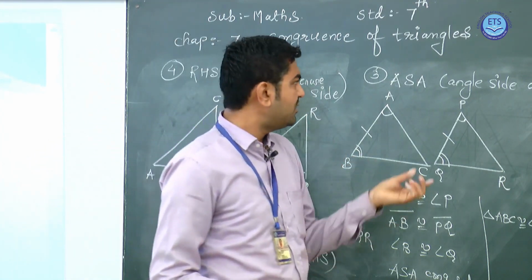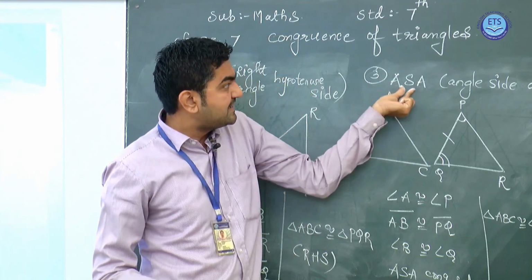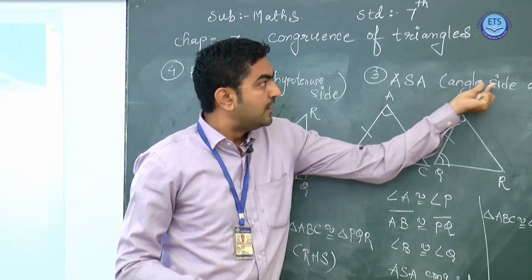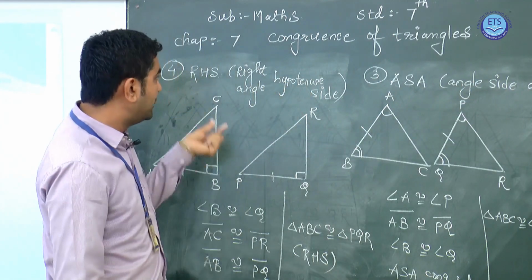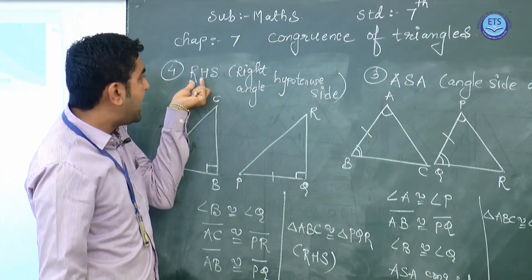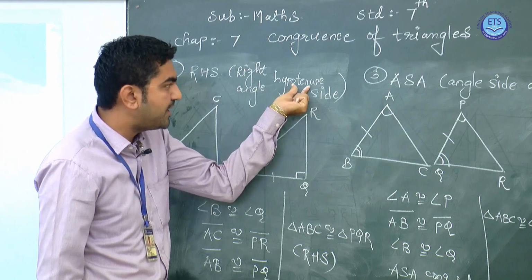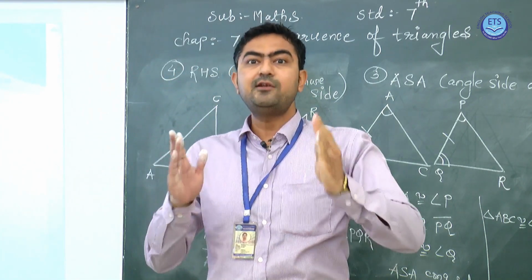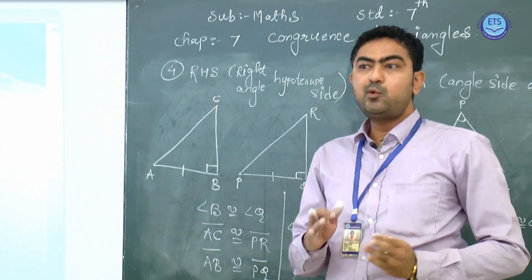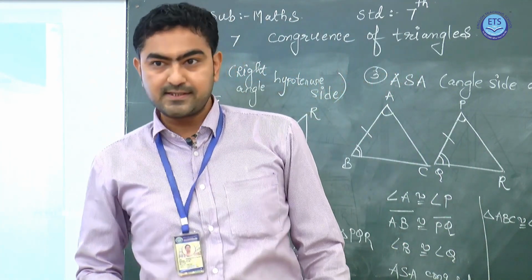Third criterion rule, ASA, angle, side, angle. And the fourth rule, RHS, right angle, hypotenuse and side. By using these 4 criterion rules, you can easily prove that two given triangles are congruent.